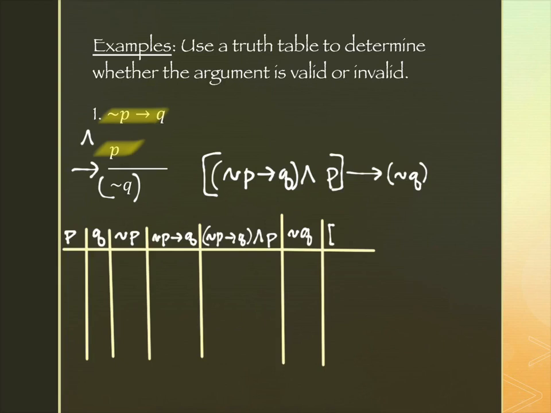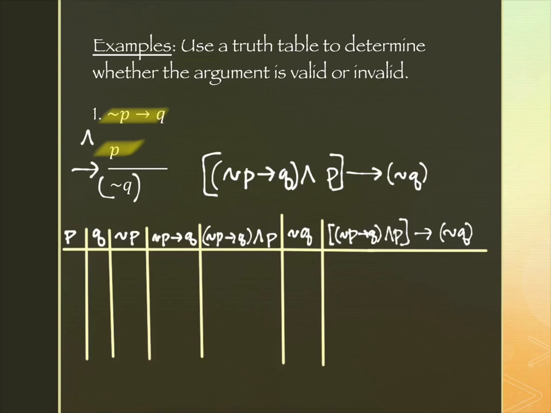It's going to have a bracket, parenthesis, tilde P, arrow Q, and P, in bracket, arrow, tilde Q. So the last column header will always be the entire statement that we're trying to work towards.